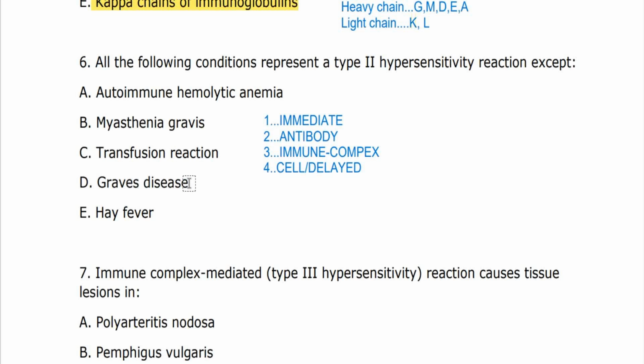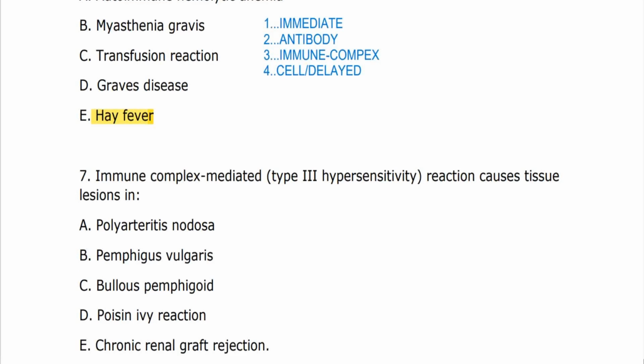Graves' disease, still same antibodies are formed. The difference is that instead of the antibody destroying the receptors, they actually end up stimulating the receptors, causing a sort of hyperthyroidism. And then hay fever is typical of immediate. All right, so that should be our answer. That's the except there. It is not antibody mediated. It's immediate, and mast cell degranulation is the main thing involved.